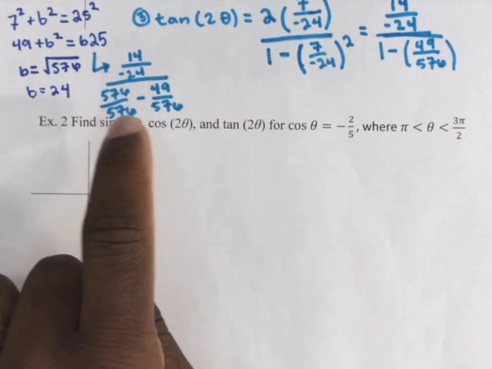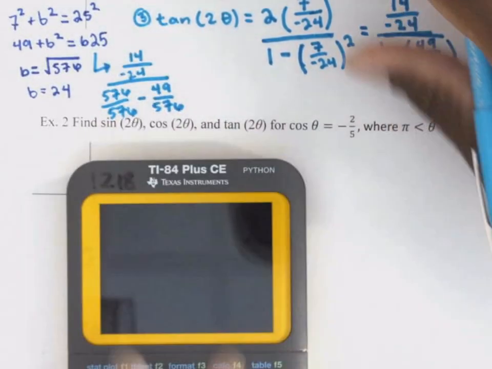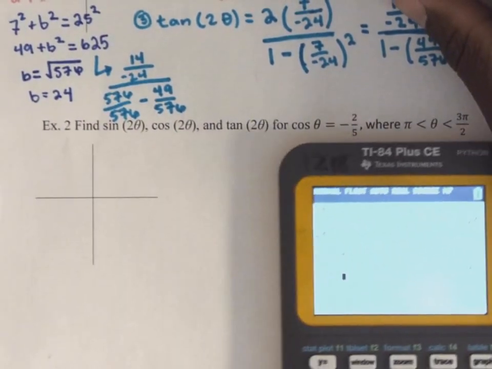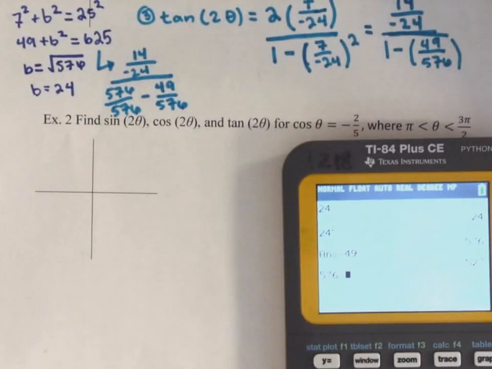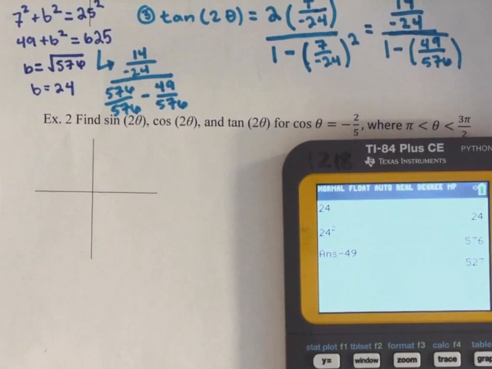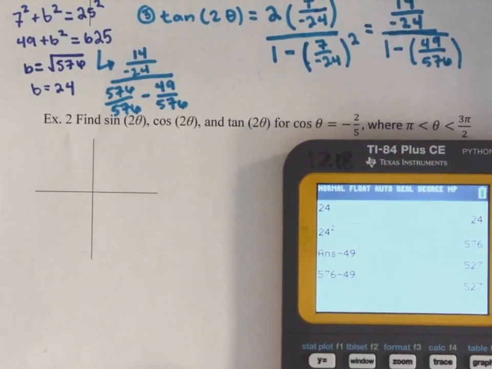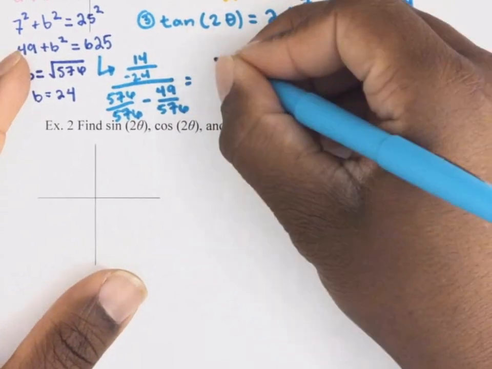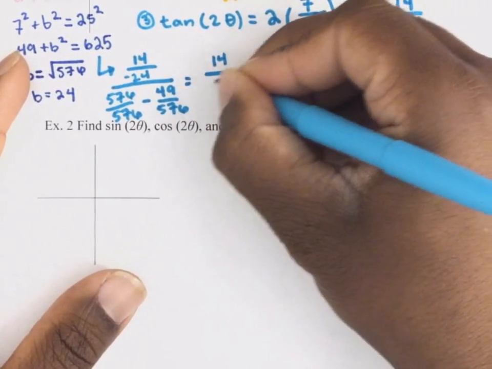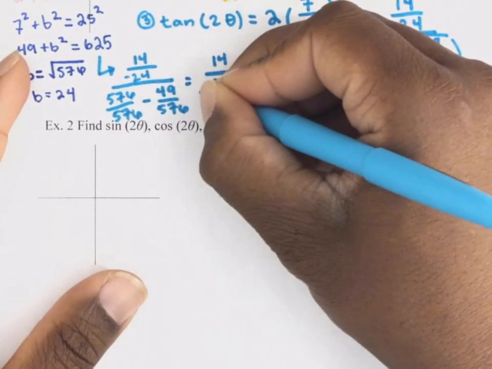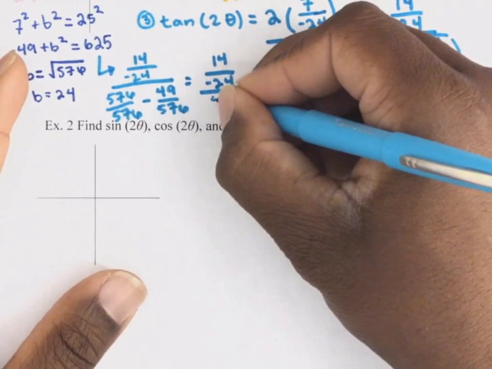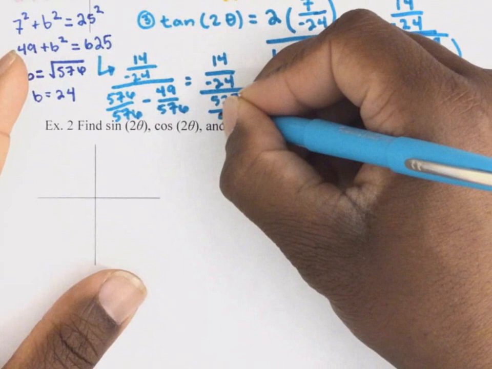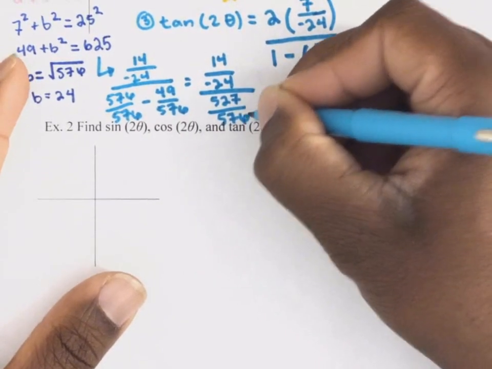So now we can subtract these two. 576 minus 49 equals 527. So 527 over 576.